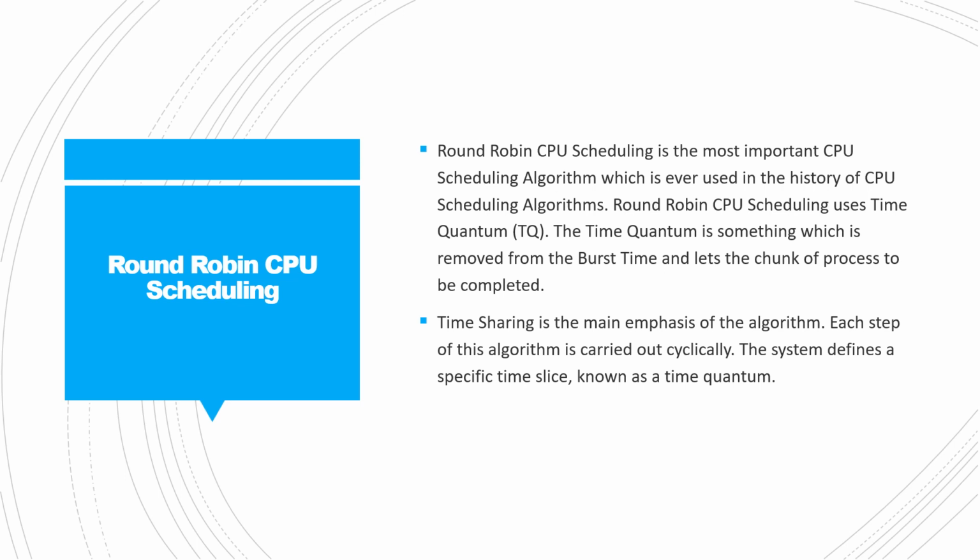The time quantum is something which is removed from the burst time and lets a chunk of the process complete. Time sharing is the main emphasis of the algorithm. Each step of the algorithm is carried out cyclically, with the system defining a specific time slice known as a time quantum.